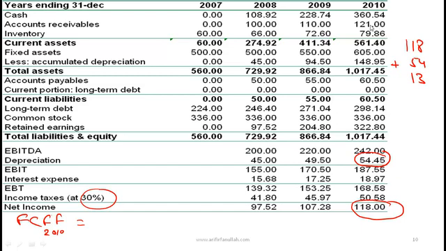That's your working capital investment. What's your working capital at the end of 2010? Your net working capital would be the receivables plus inventory, minus the accounts payable. If we had a current portion of long-term debt, would we count that?